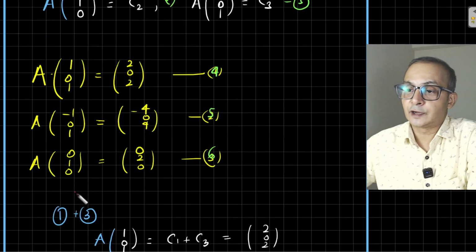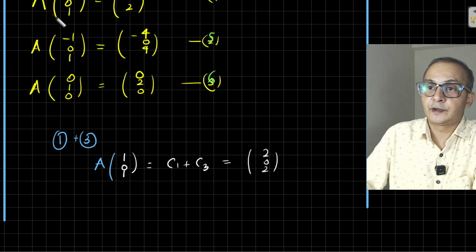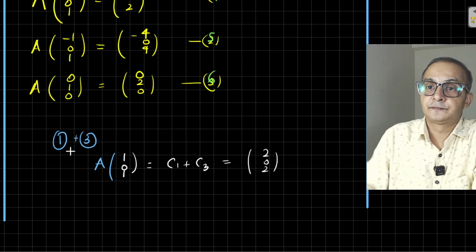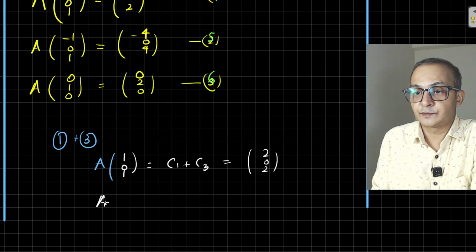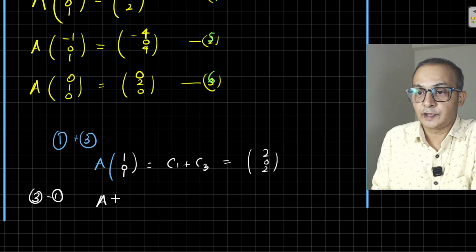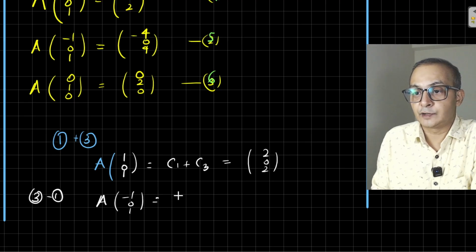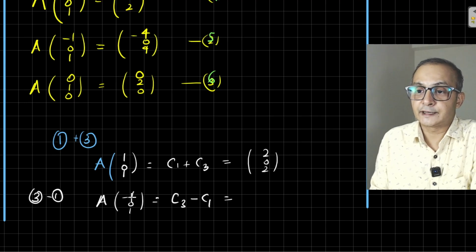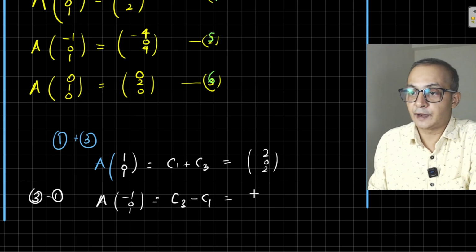It means now again I'm writing here that A times, this is going to be 3 minus 1. So A times (−1, 0, 1) is equal to C3 minus C1. But you notice that A times (−1, 0, 1) is given as (−4, 0, 4).